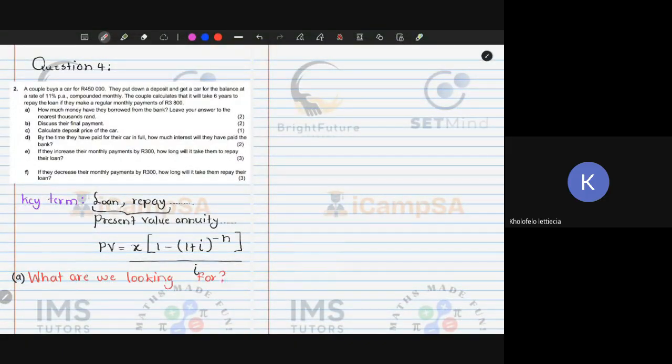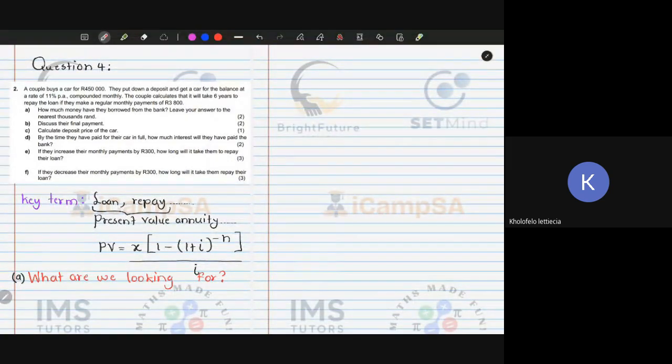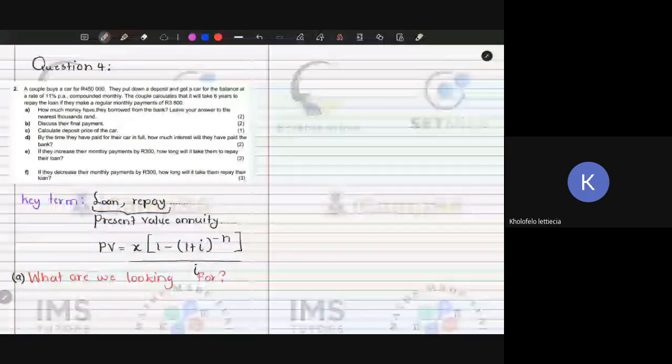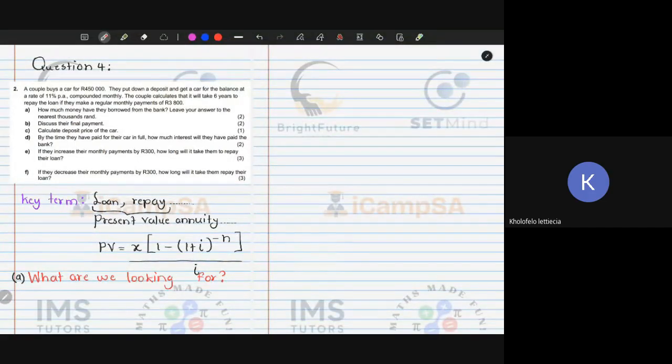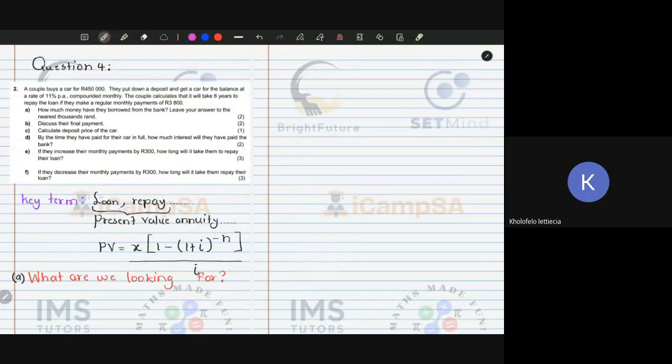So the question for A reads, how much money have they borrowed from the bank? Leave your answer to the nearest 1,000 rand. Okay, so what do you think, guys? The couple wants to buy that car, which is 450,000. They put up a deposit for the balance at that rate compounded monthly.